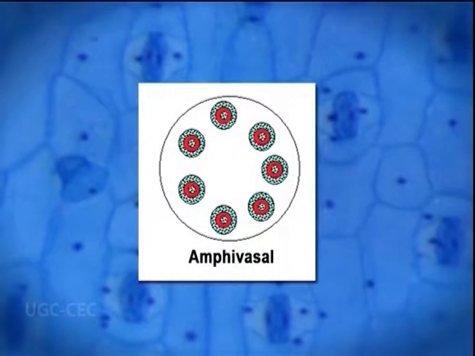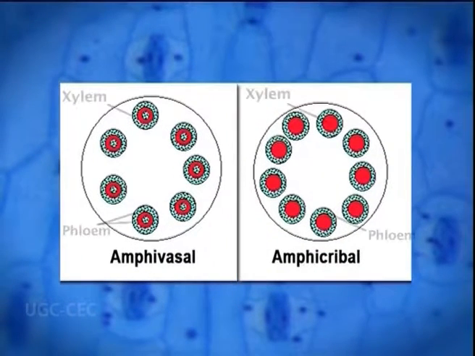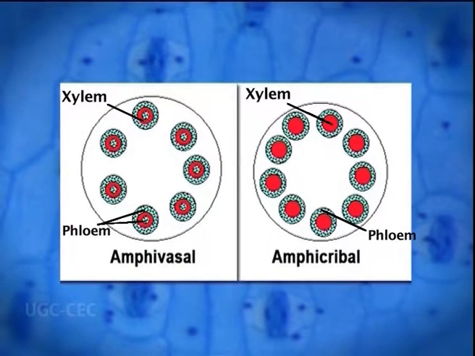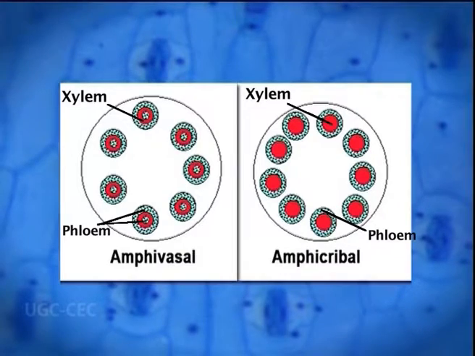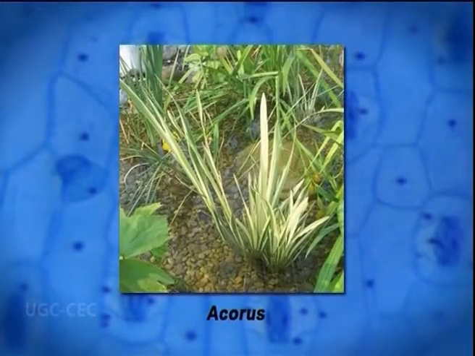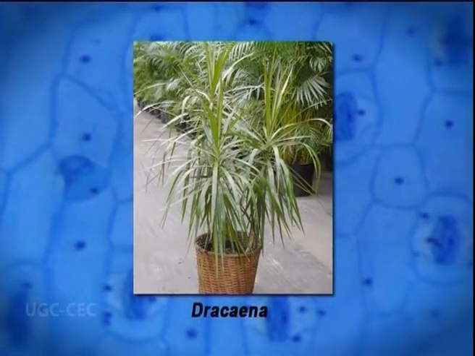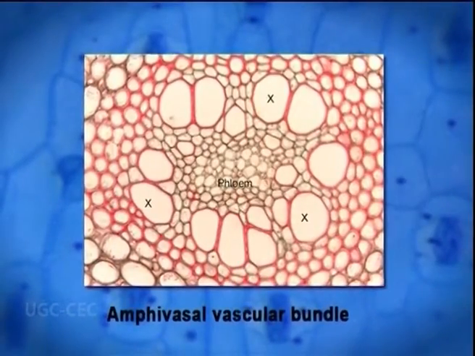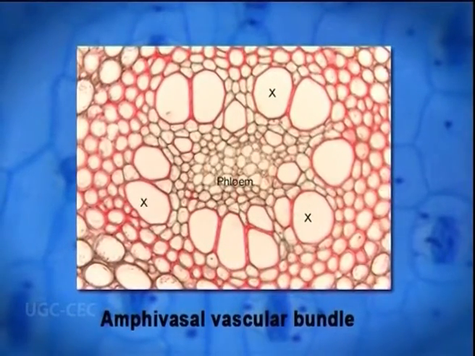Several less common vascular tissue organizations like amphivasal and amphicribal vascular bundles also evolved in vascular plants. In some monocot plants such as Acorus and Dracaena, phloem is surrounded by a continuous ring of xylem. This pattern is called amphivasal vascular bundles.